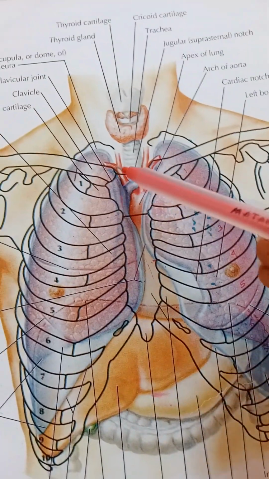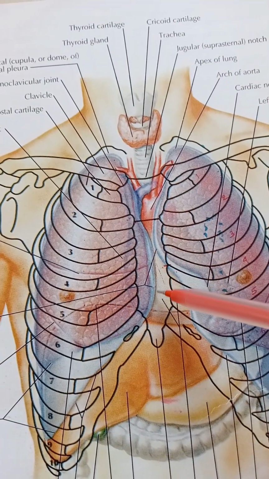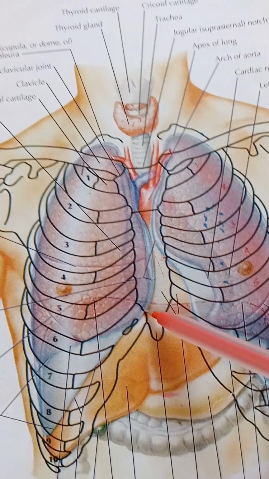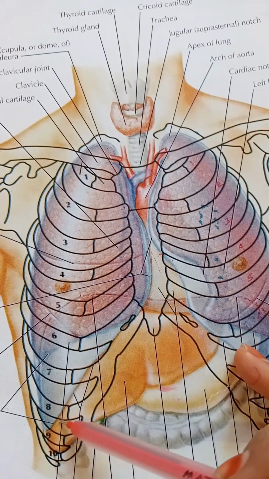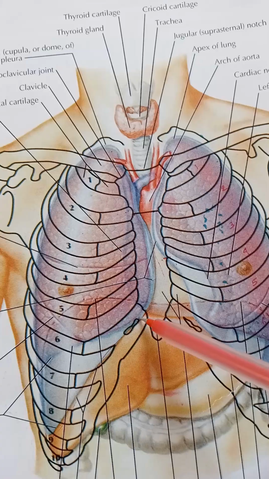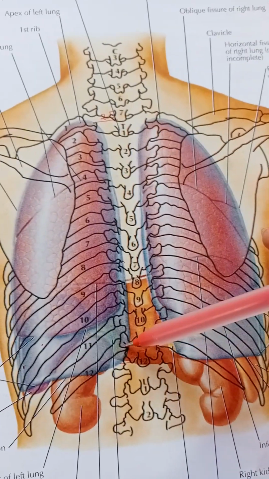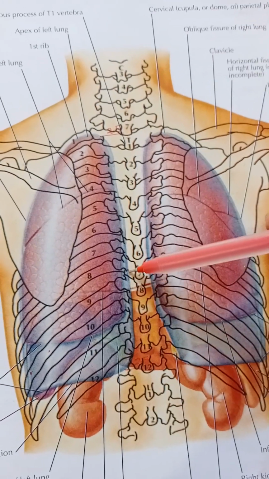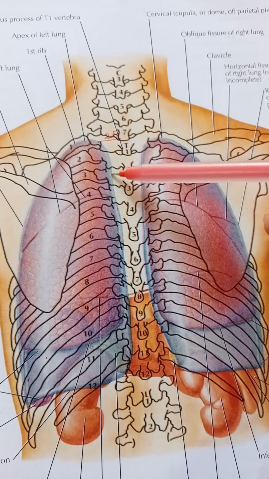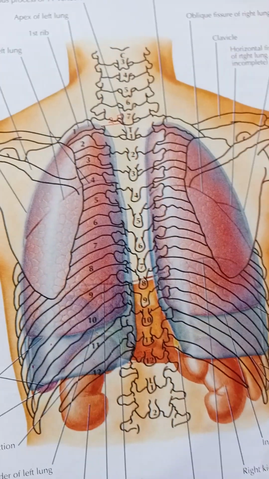So we can say this line of reflection is known as the costo-mediastinal line of reflection. This line of reflection is known as the costo-diaphragmatic line of reflection, and in the posterior aspect, this pleural reflection is known as the costo-vertebral line of reflection.